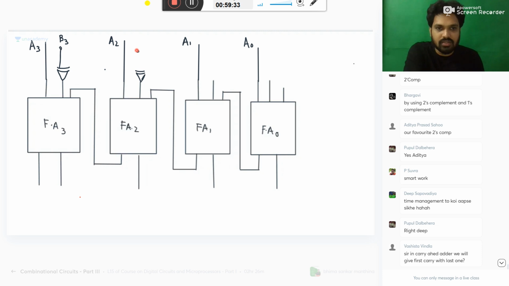Carry look ahead adder is not yet discussed. That will come next, maybe today only. Yeah. Just wait for some time.